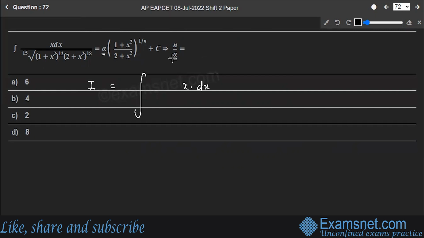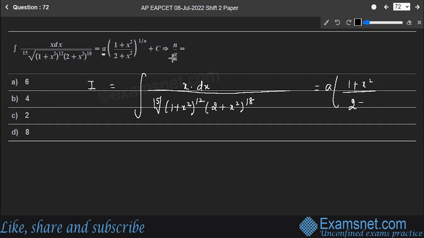The integral is x dx upon root of 15 root, 1 plus x square raised to power 12, 2 plus x square raised to power 18, plus some constant, right?